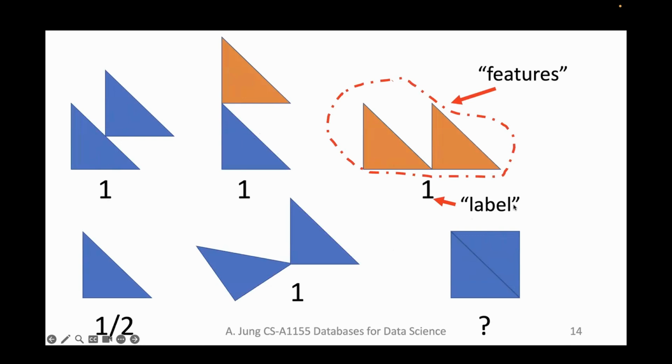Yes, why do you think it should be 1? Because when there's only one triangle, it's 1/2. And when there's 2, there's 1. So yeah, this could be one reasoning. So the 1 is the number of triangles divided by 2 or something.